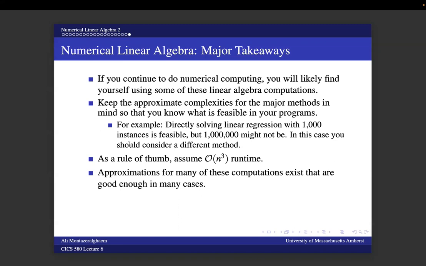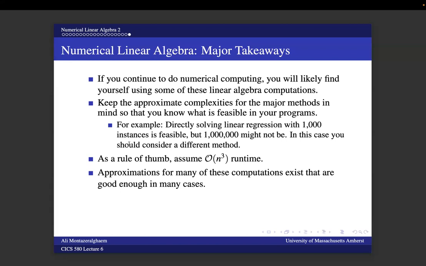It is also important to keep in mind the approximate complexity of your algorithm, because before coding or implementing, you want to know whether your algorithm is feasible or not.